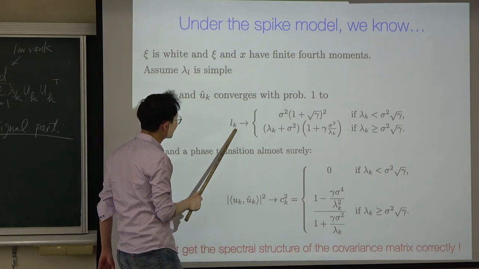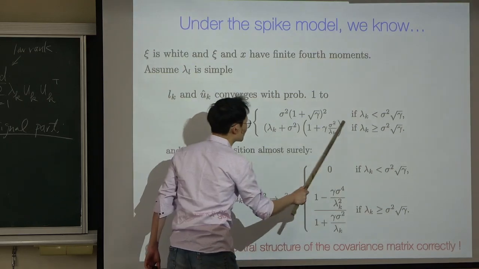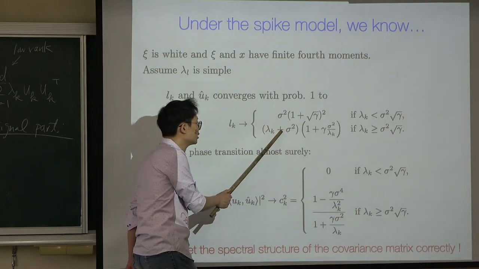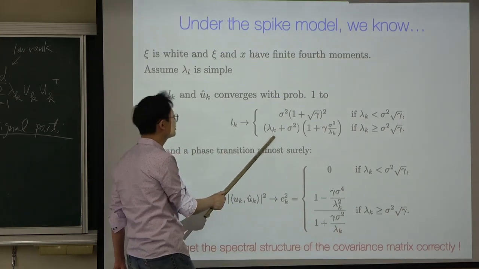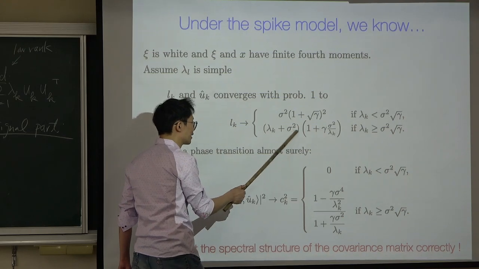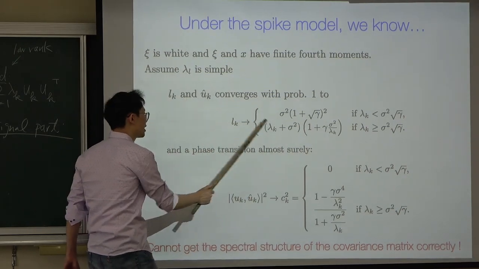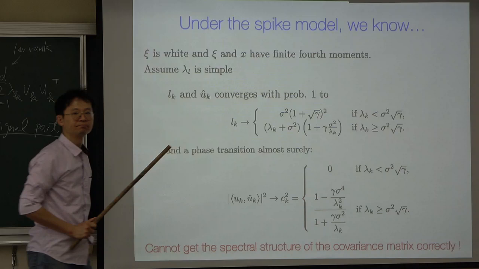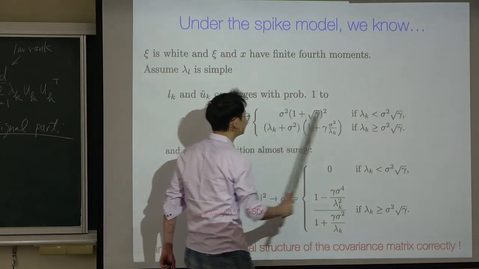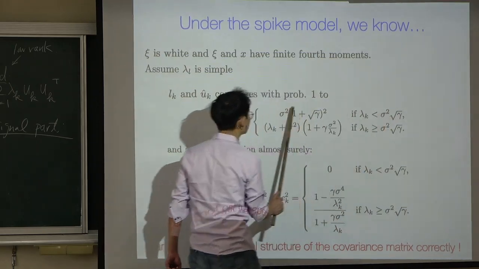And when l k converges to this guy, you see this is a quadratic equation in lambda k. So if you know sigma squared and you know gamma, you can solve the quadratic equation and recover lambda k from l k. But if the eigenvalue is too small, then sorry, you don't get anything.